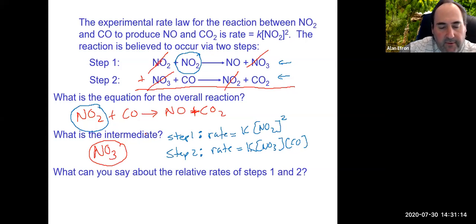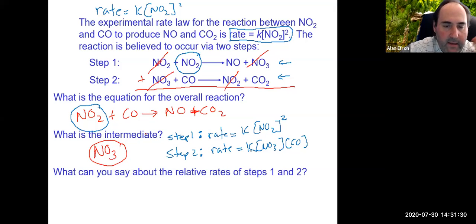The other really critical piece of information that was given to us in this problem is that they said experimentally, the rate law was found to be the rate is equal to k NO2 squared.